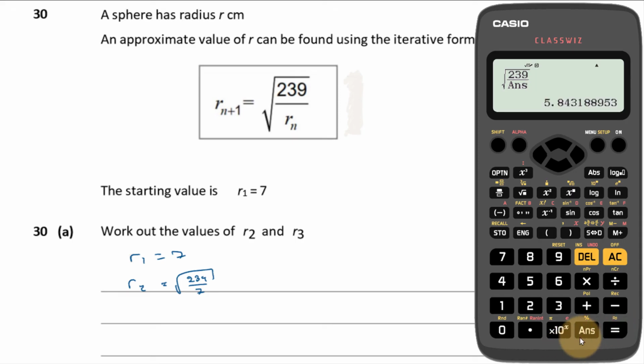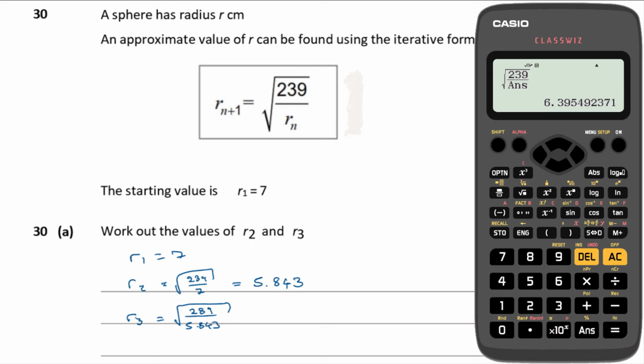That's equal to 5.843. I'm just going to write it down to 4 significant figures for now. And then R3 is going to be the root of 239 over 5.843, but because of the way we set it up on the calculator, all I have to do is press the equal button again, and it's going to feed R2 into the formula and give me R3 straight away.